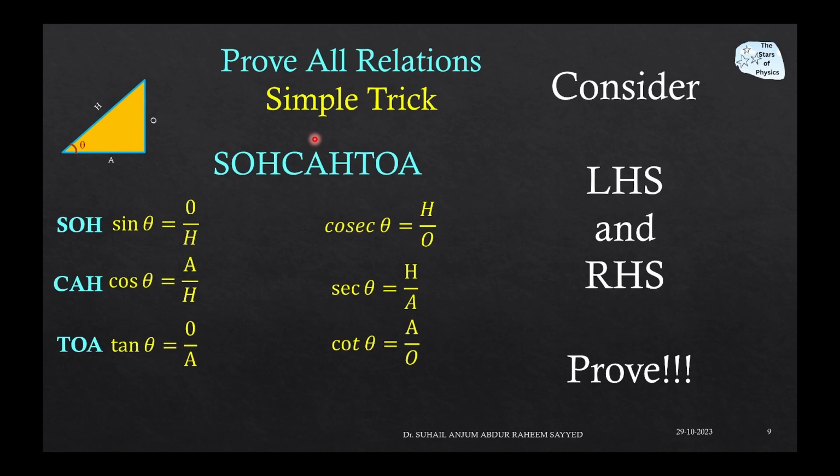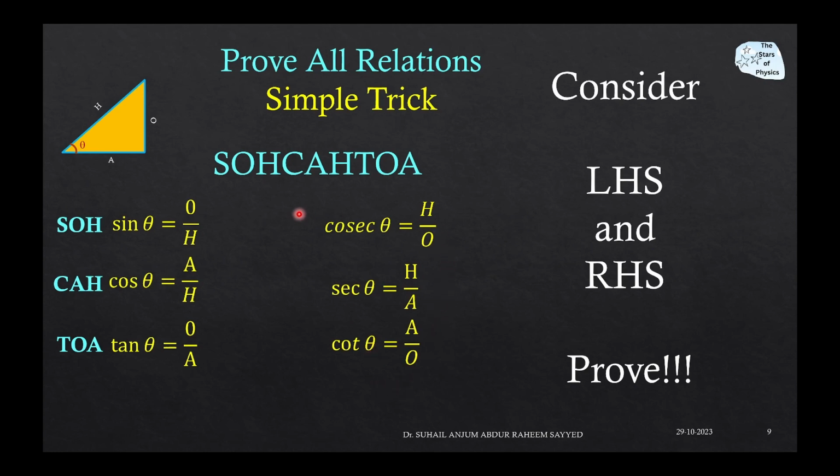Now to prove all these above relations, we can prove them in different ways. One of the easy ways is to use the SOH CAH TOA, which we have seen in our previous lecture, that sine theta is opposite divided by hypotenuse, cos theta is adjacent divided by hypotenuse, tan theta is opposite divided by adjacent. And these are the reciprocals, that is cosec theta is 1 upon sine theta, sec theta is 1 upon cos theta, cot theta is 1 upon tan theta.